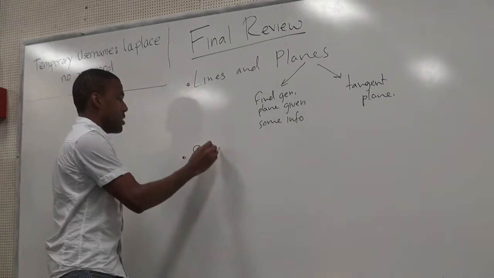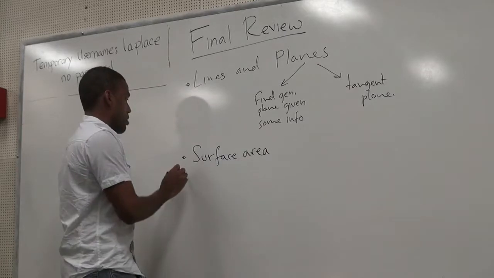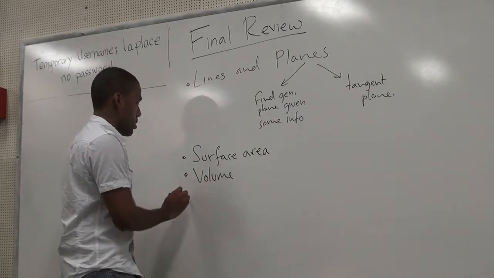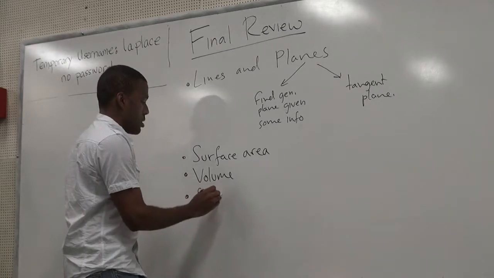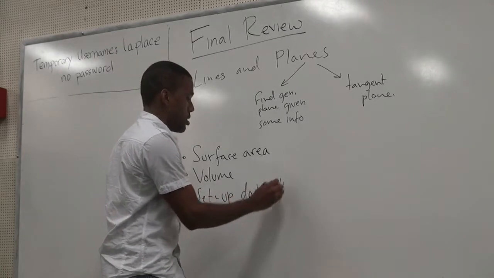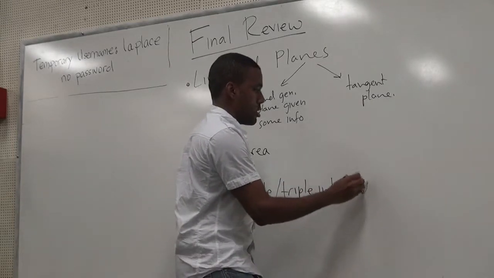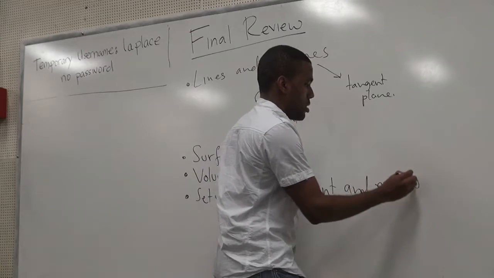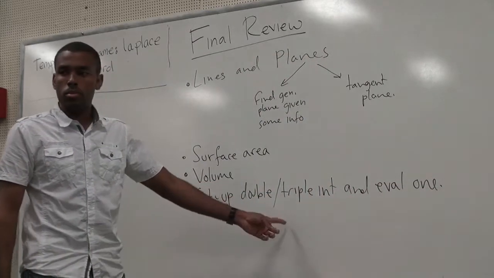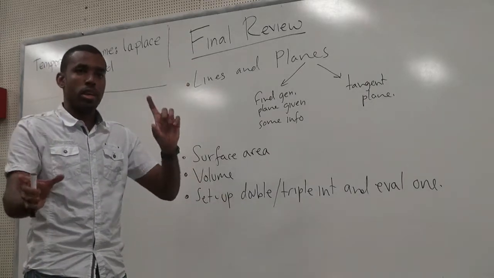Surface area, definitely coming on. Volume is definitely coming on. I asked a similar problem on, I think, test 3, where I asked you to set up 2 triple integrals and only evaluate 1.